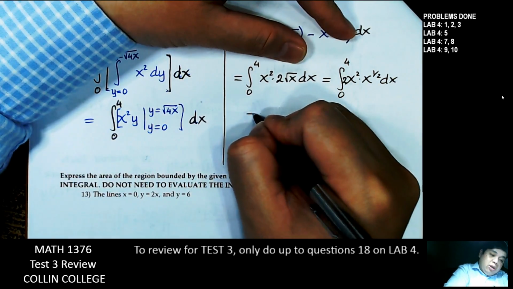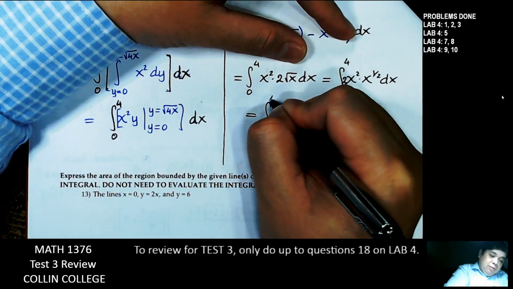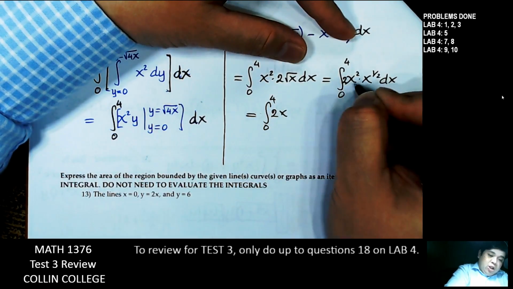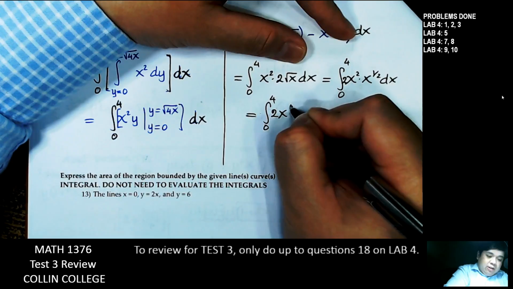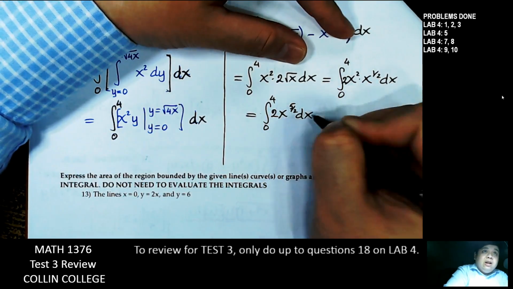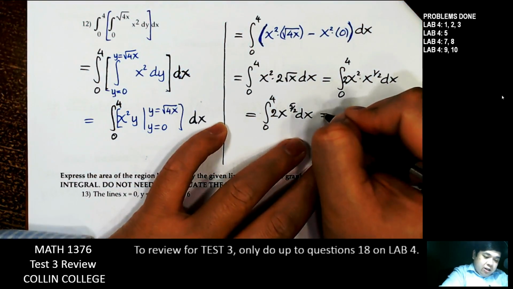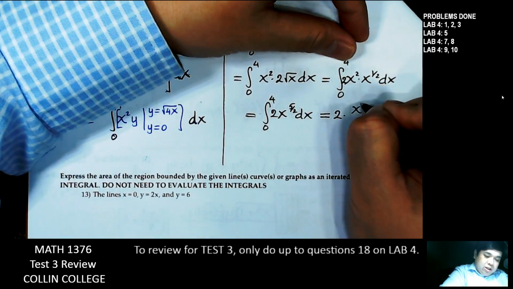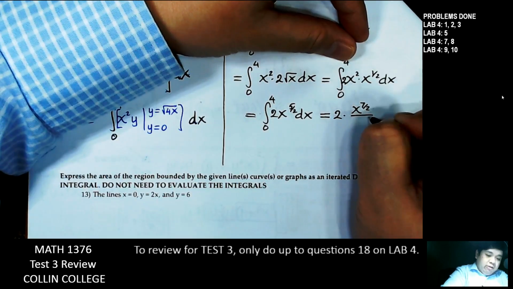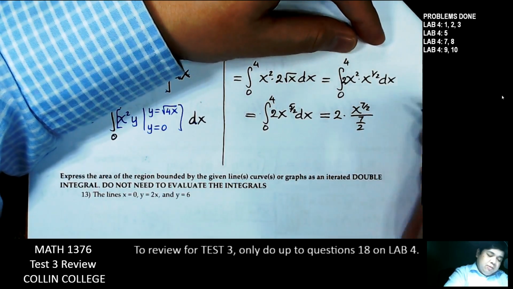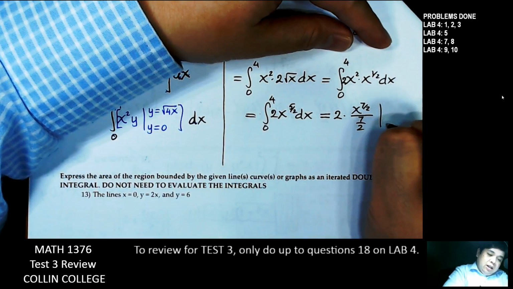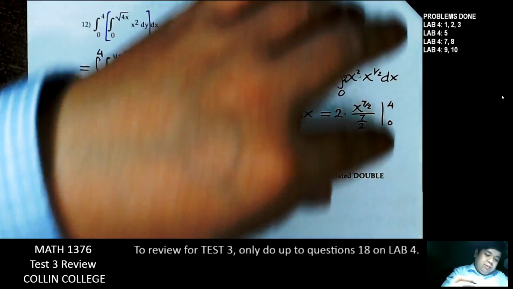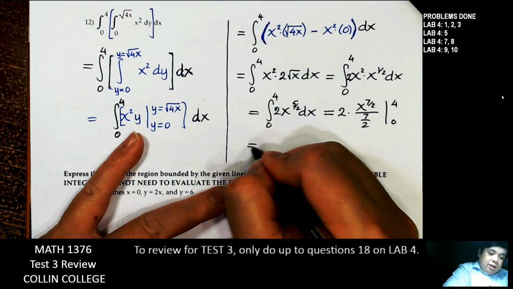So that pretty much is 2x to the 2 plus 1/2, which is 5/2, dx. And integrate: 2x to the 7/2 over 7/2, going from 0 to 4. Right.